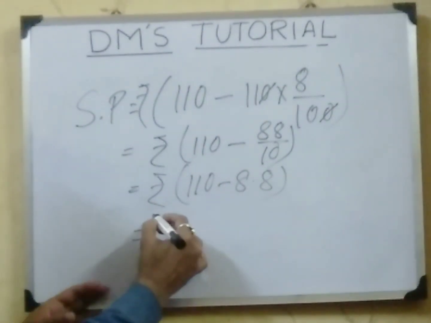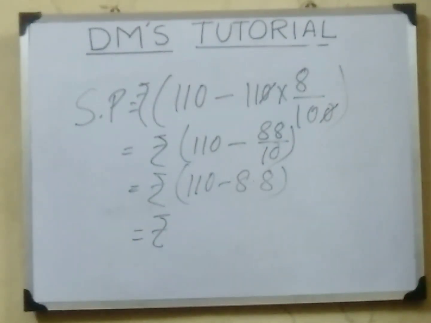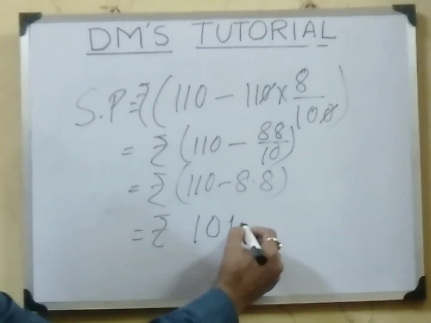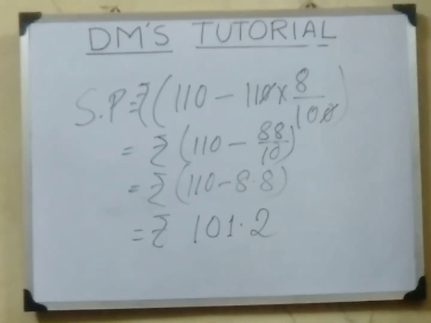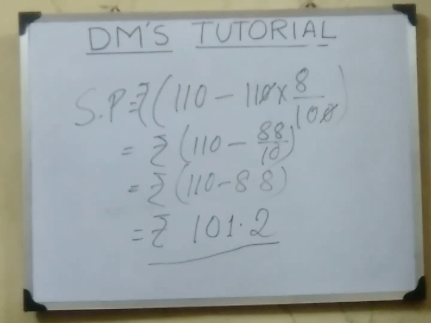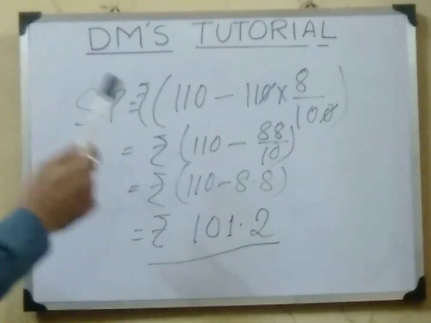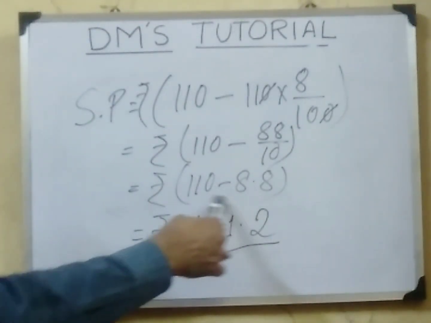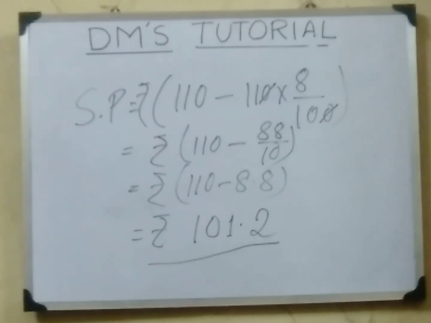What's the ultimate result? 101.2, 101.2 rupees. This is the ultimate selling price by the shopkeeper. He is selling the goods at that price. So what is the profit amount? Profit amount is how much this is increased from rupees 100, that is the primarily marked price.